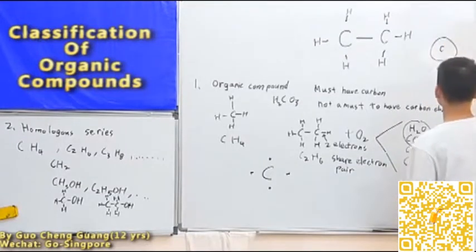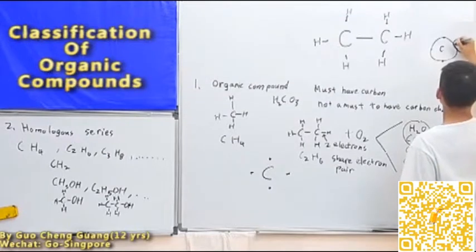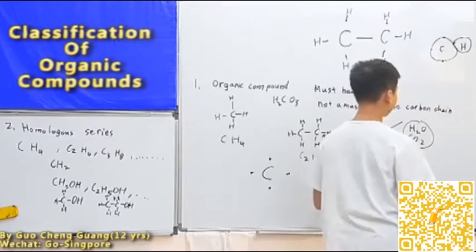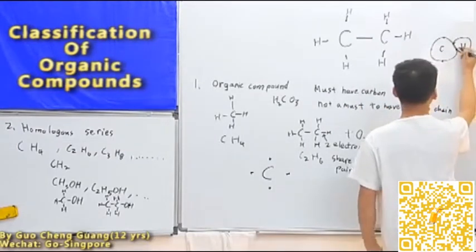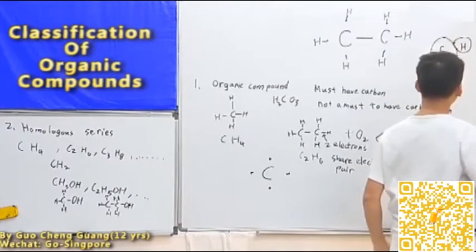So what's actually happening? Let's say we have these 4 electrons over here. Then let's say you have this hydrogen, with 1 electron from hydrogen there. So here from this hydrogen, you have 2 electrons.